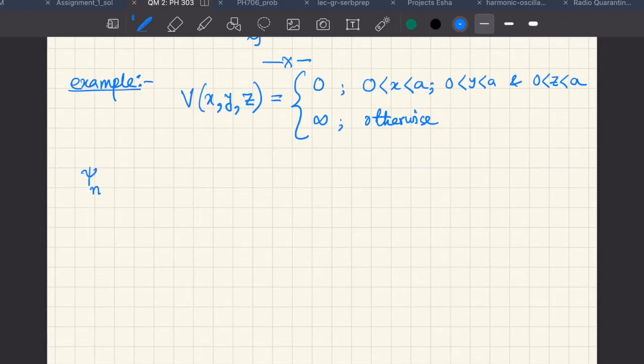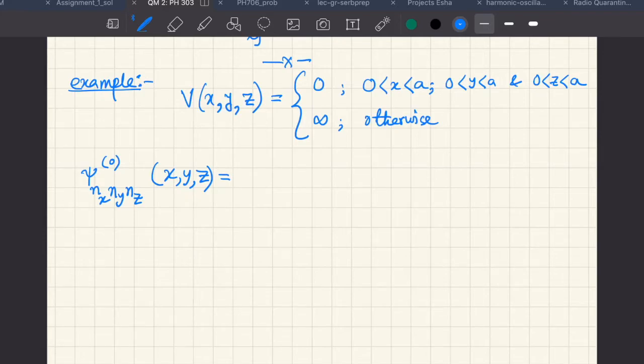So you already know what the wave functions are for this system, because you have already discussed the three-dimensional cases in your PH 204 course. So what are the wave functions? psi nx, ny, nz. There will be 3 different quantum numbers, and this is the unperturbed wave function, a function of x, y, and z. Remember, we had the square root of 2 by a times sine n pi x by a as the one-dimensional wave function for an infinite well.